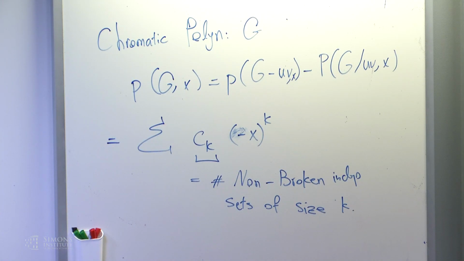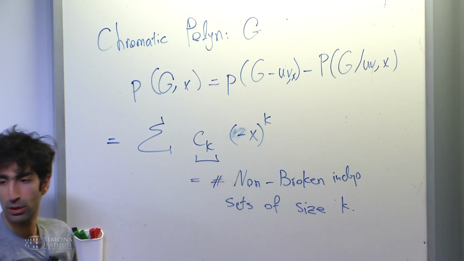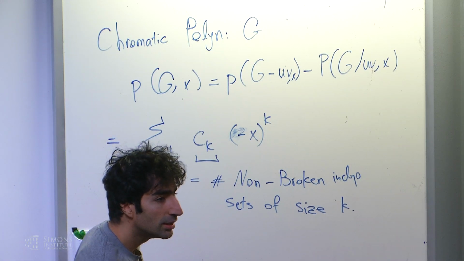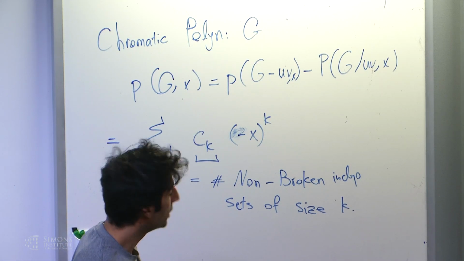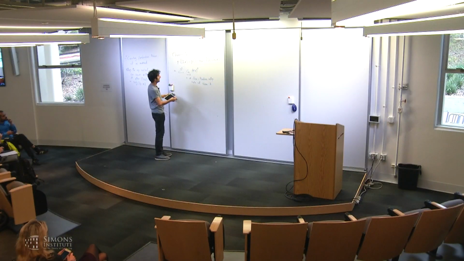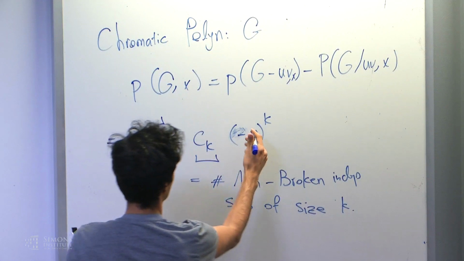Okay. So in particular, I haven't still said what that is. I will say it. But if you can count this, we can estimate the coefficients of the chromatic polynomial of a graph. A minus 1 to the n is missing. The coefficient would be minus 1 to the n.